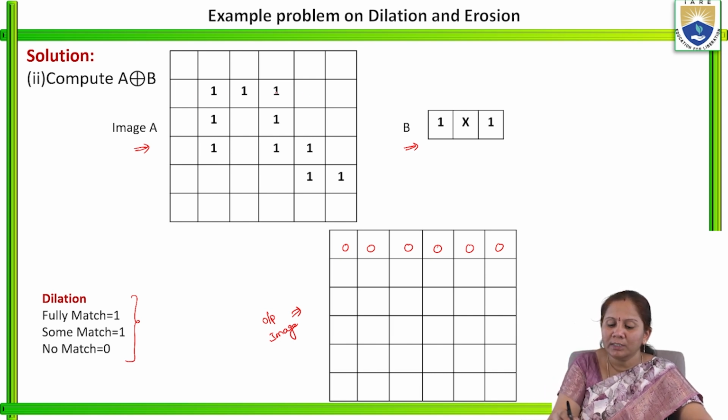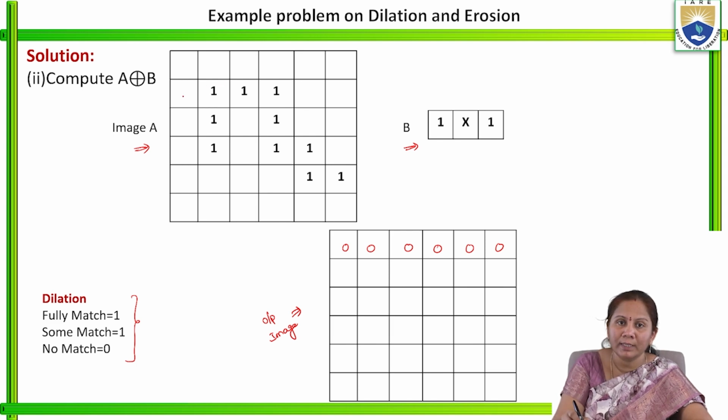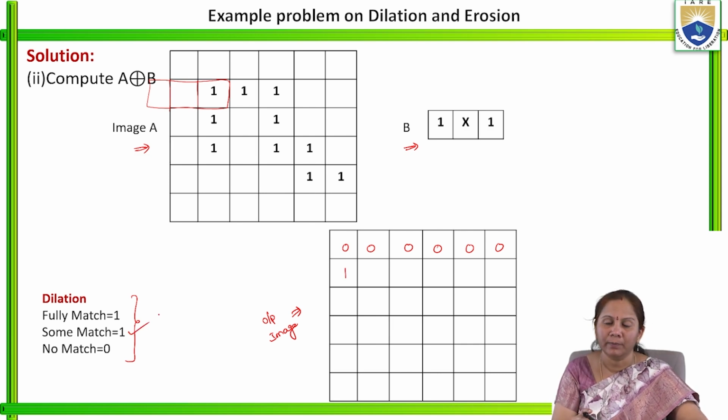And coming to this second row, in order to find this element, if you place the structuring element such that this will become the center pixel, so it is 1, don't care, 1. So at least one element is matched, so here it will be 1 according to the rules of dilation.